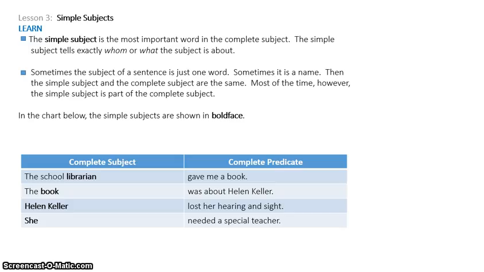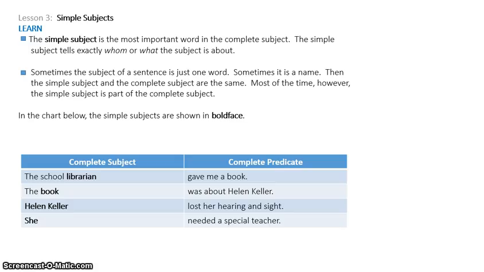It says the simple subjects are in boldface. The first sentence says, the school librarian gave me a book. They divided that sentence into complete subject and complete predicate first. Then they went to the complete subject and said, all right, what one word is telling me what this whole sentence is about?